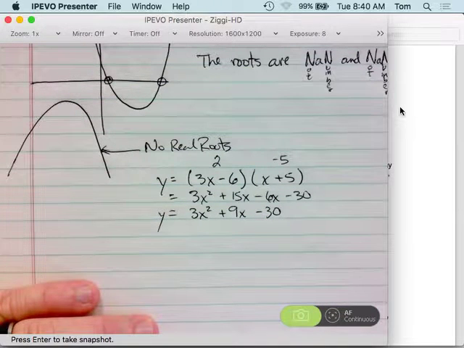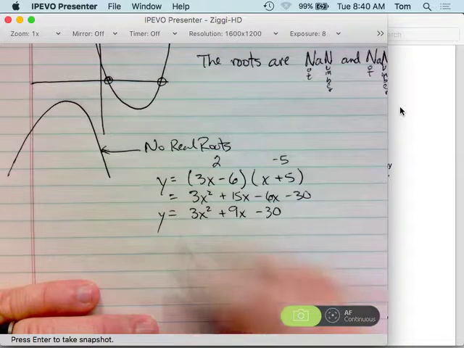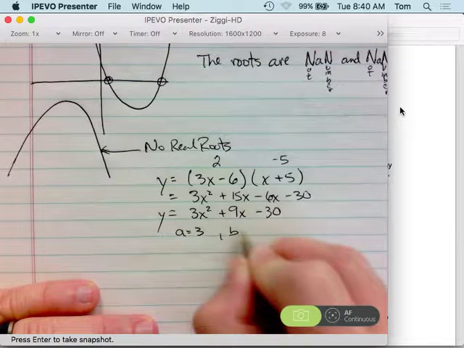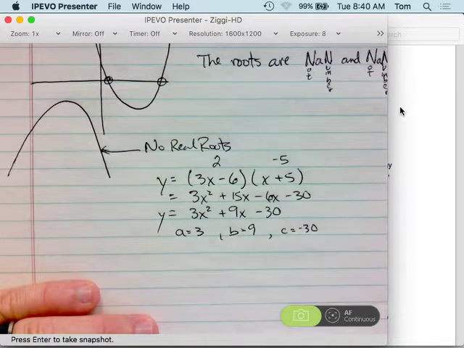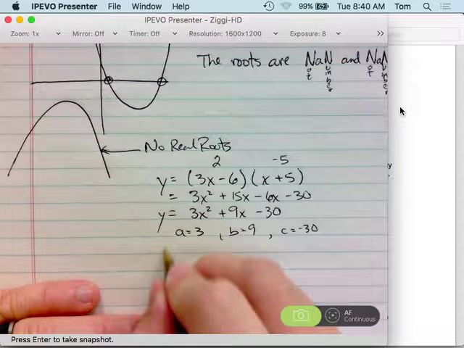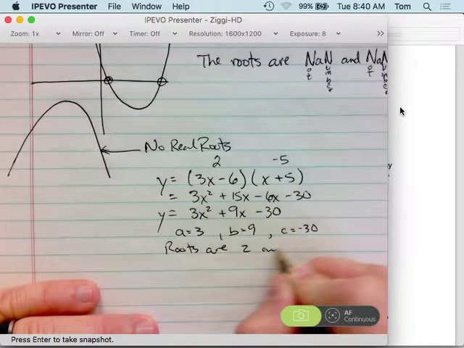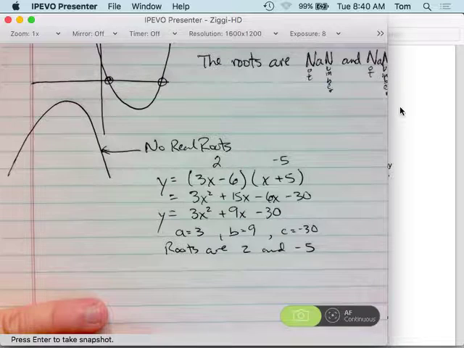You guys all understanding that? This tells me that when I use this program, I want to enter A equals 3, B equals 9, and C equals negative 30. All right? And it should tell me that my roots are 2 and negative 5. You guys following that?